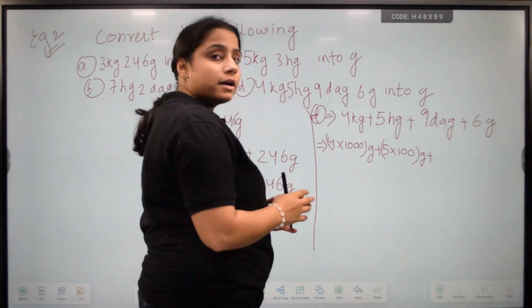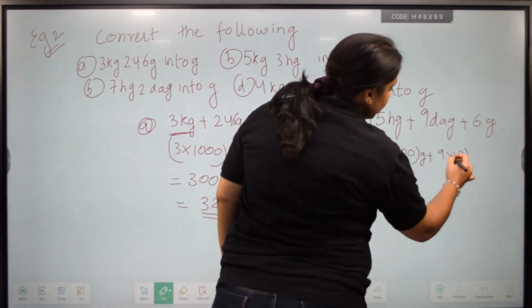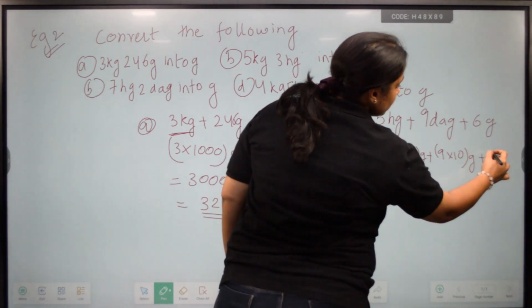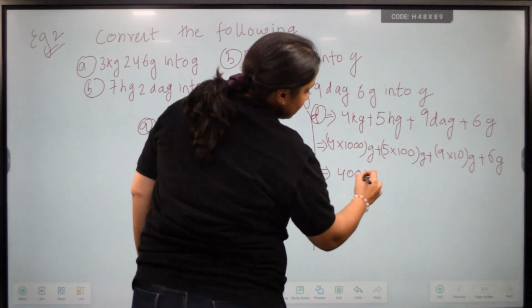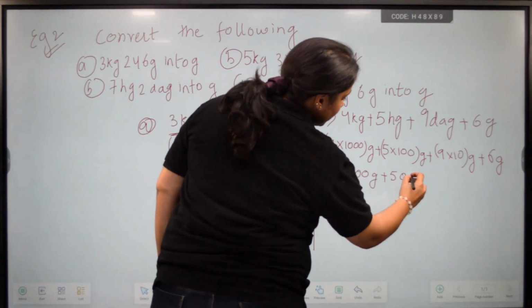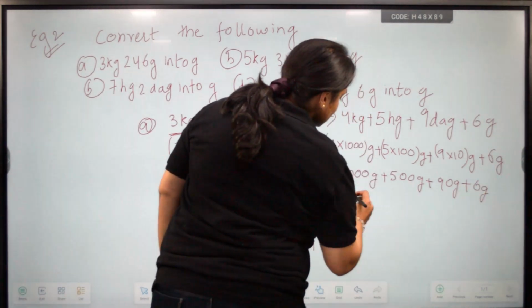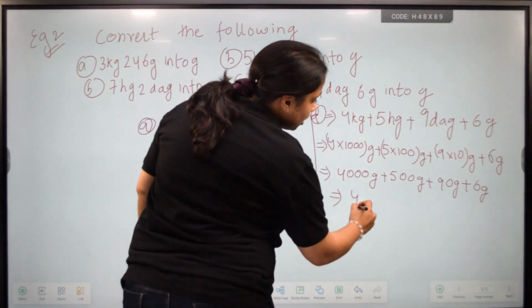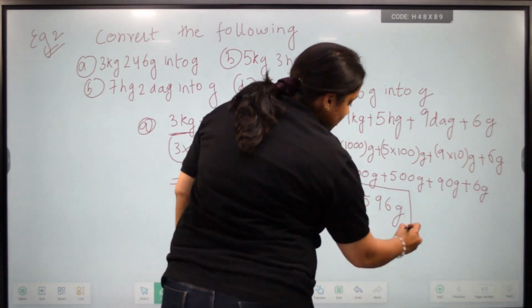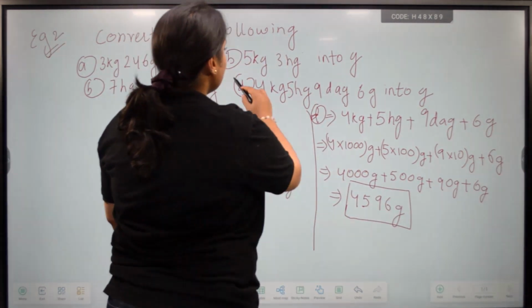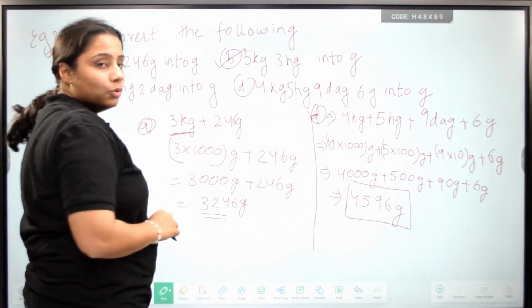And 1 decagram is equal to 10 grams, so 9 will be multiplied by 10. And the rest, 6 grams, is the same. It will be 4000 grams plus 500 grams plus 90 grams plus 6 grams. So the final answer will be 4596 grams. In a similar manner, you can do part B and part C on your own.